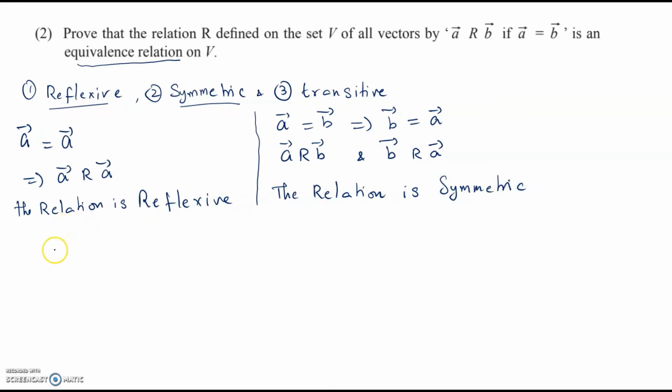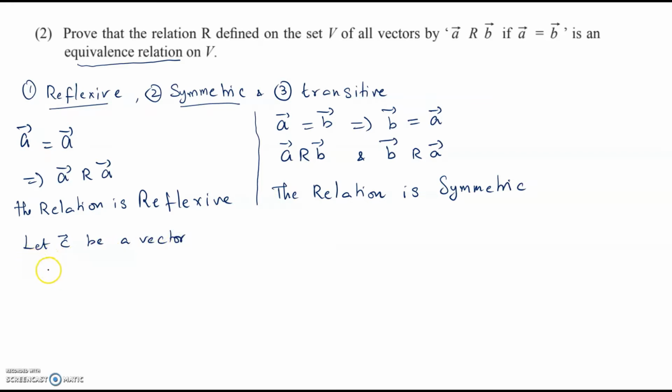Then the third, we need to prove that it is transitive. So let's consider a vector C. So let's assume that C be a vector.